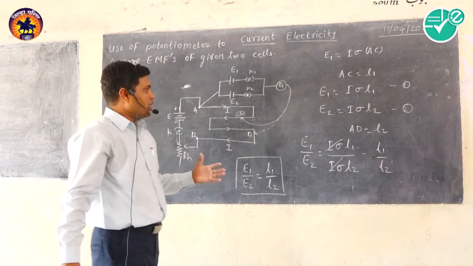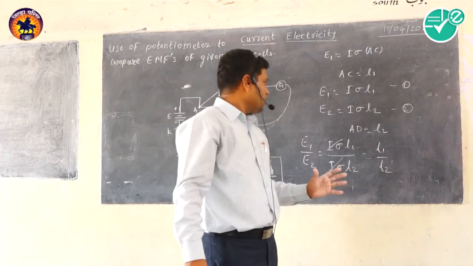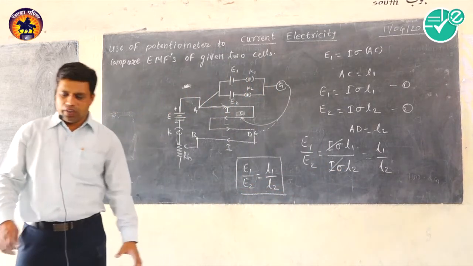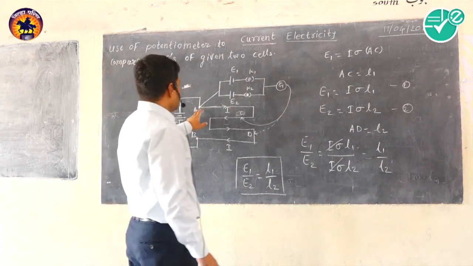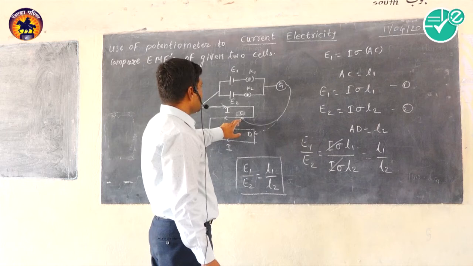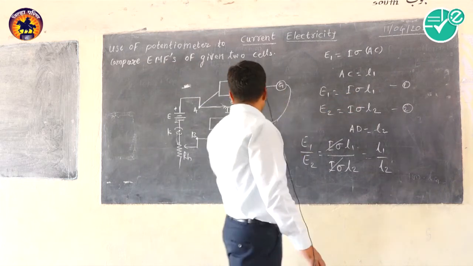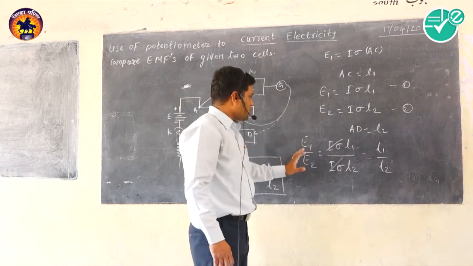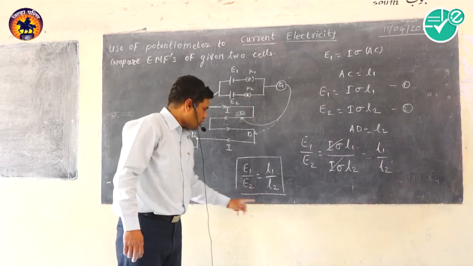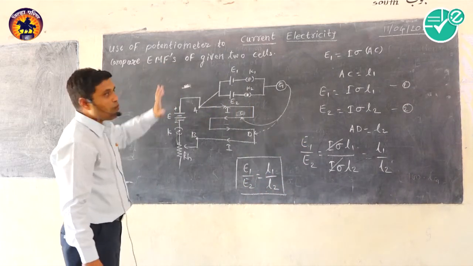This is a very easy article from the examination point of view. No hard steps are involved. If you know the potential gradient formula I sigma, and you write the potential between A and C as I sigma L1 and between A and D as I sigma L2, you will ultimately get E1 upon E2, the equation for comparison of two cells using the potentiometer.